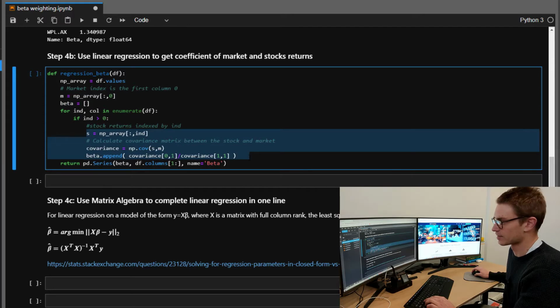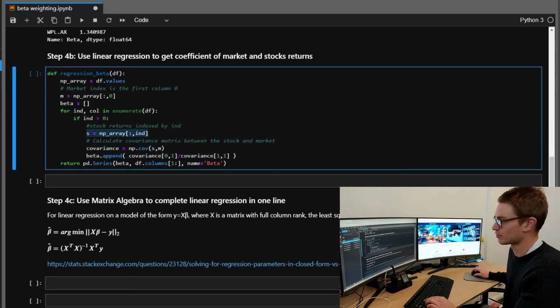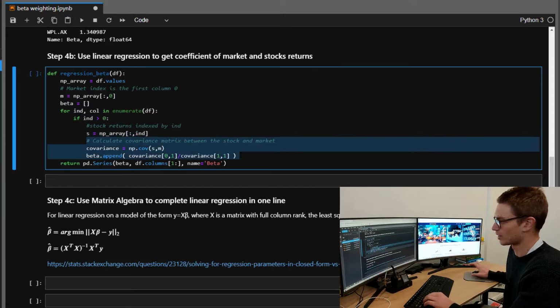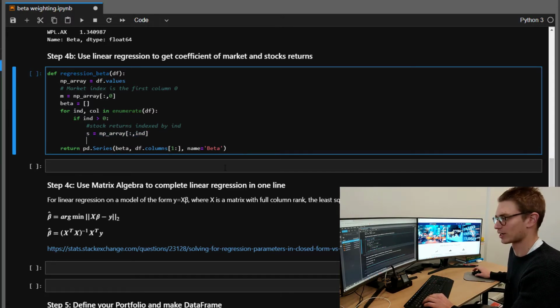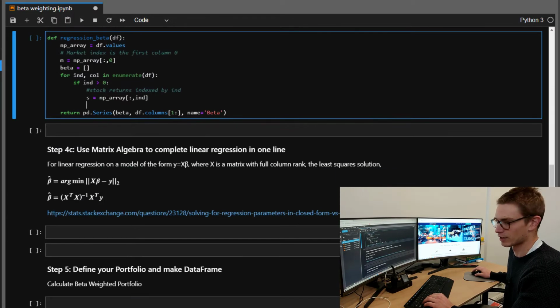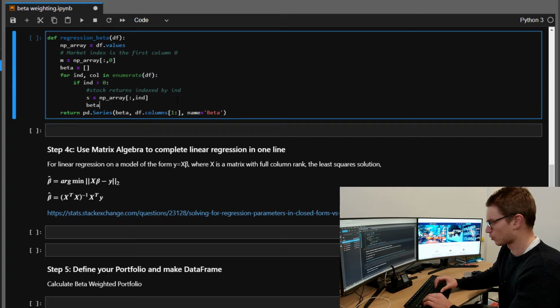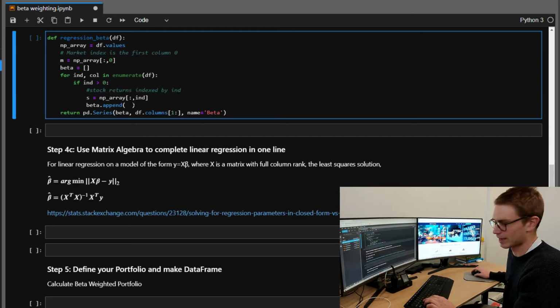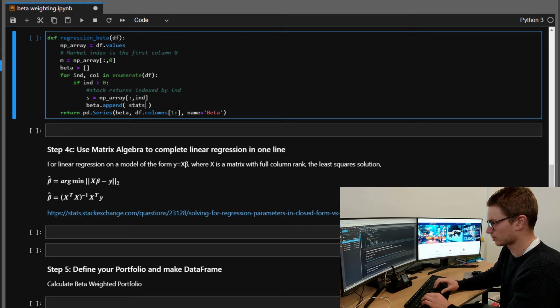any of this. Actually, I stand corrected. We are going to keep the stock returns indexes, but the final point here is we're going to use linear regression instead of this covariance divided by variance formula. So what we can do is go beta append. What is this beta append going to be? Here we're going to use the stats module, linregress.